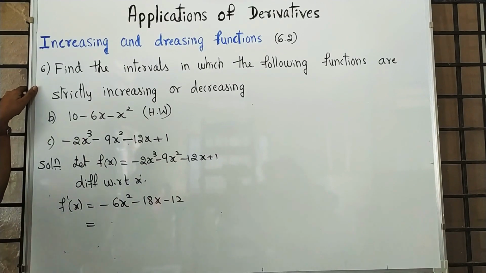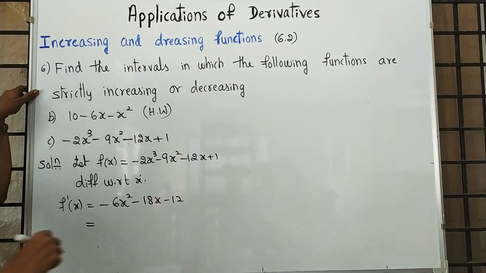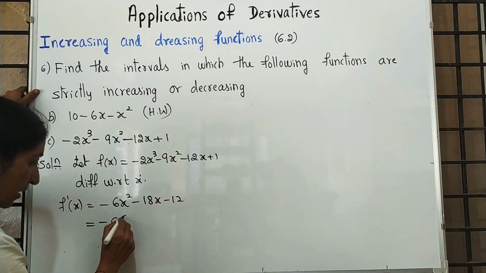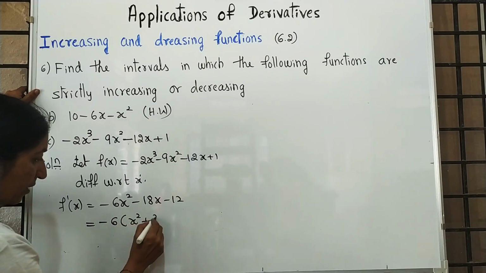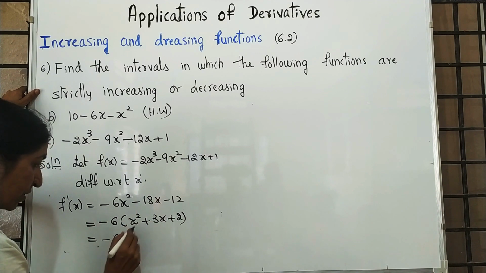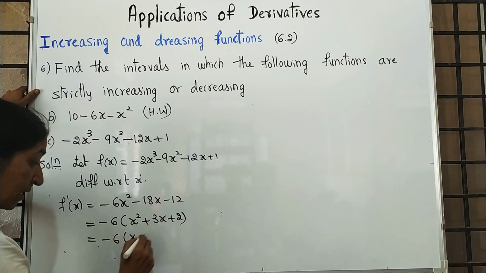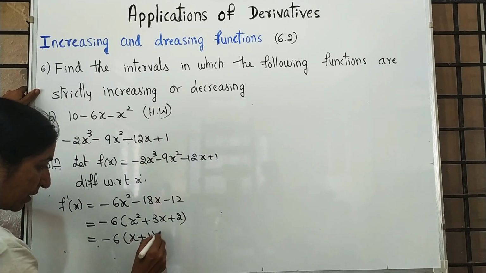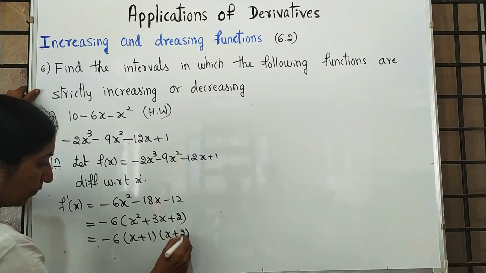For our convenience, we write it in the simplest form. Take minus 6 common: x square plus 3x plus 2. Write one more step, the factorization form: x plus 1 and x plus 2.